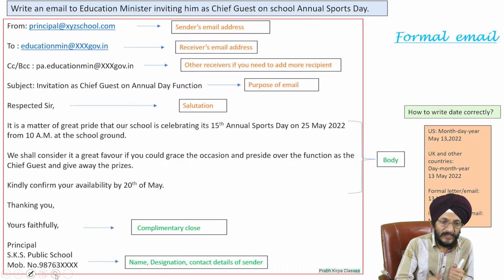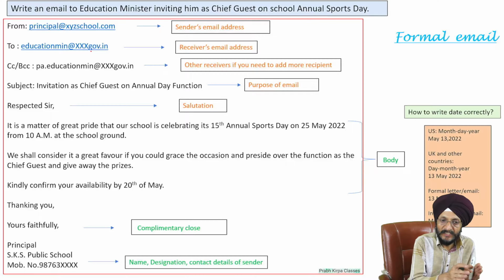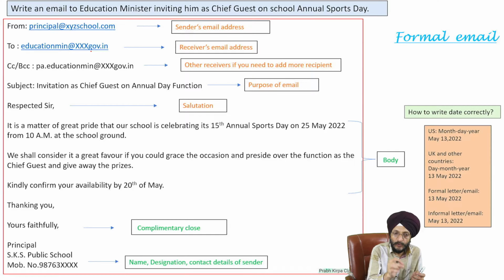First of all will come the sender's email address, then the receiver's email address, that is, you will mention the email address of the education minister. In the CC, you may also put the personal assistant or officer on special duty who is attached with the education minister. You may put his email address in CC or BCC.